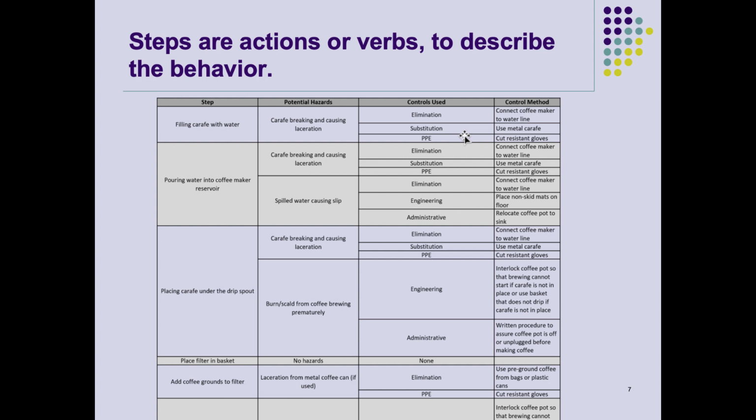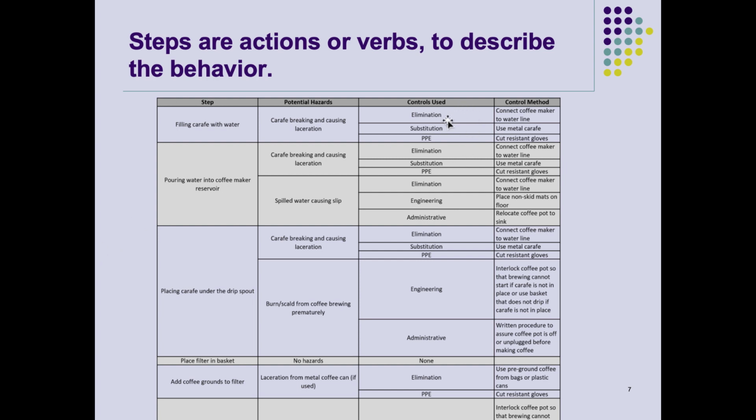The action is to fill or filling, to pour or pouring, to place or placing, to add or adding. And then the hazards are associated with, again, action verbs: breaking, scalding, spilling, and laceration. And so we try to take the personal adverbs out of here and we put them in very explicit terms.